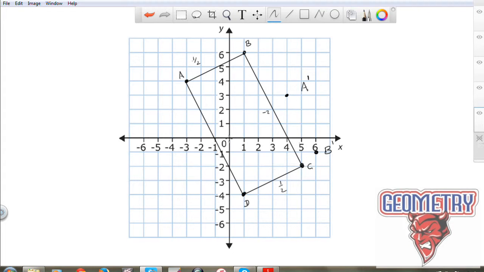Point C is over 5, down 2, so 5, negative 2. When that rotates, it's going to end up being negative 2, negative 5. There. And then D, if that was at 1, negative 4, when it rotates over here, is going to be at negative 4, negative 1.